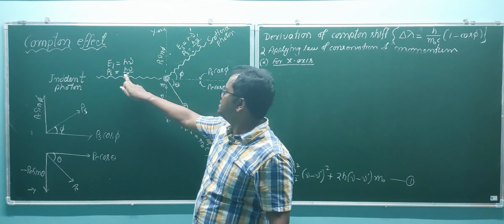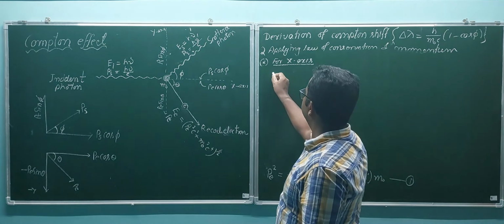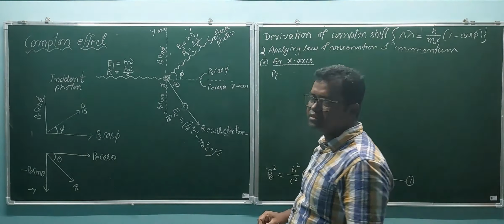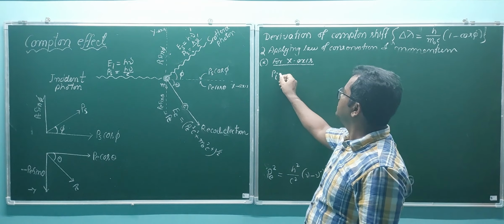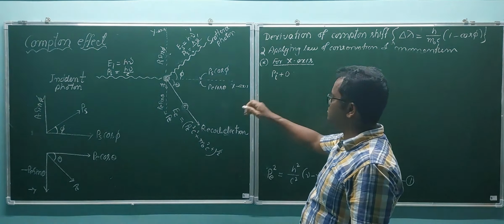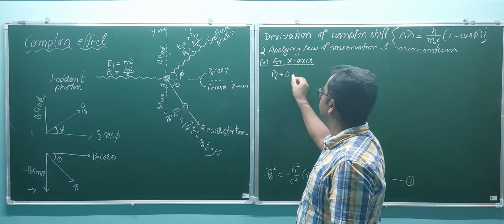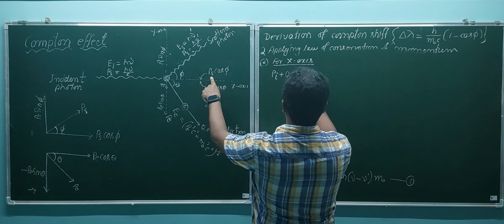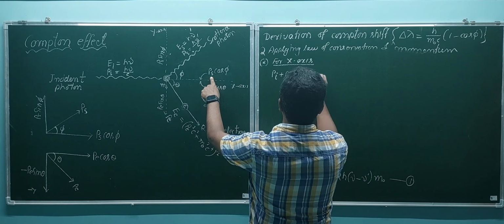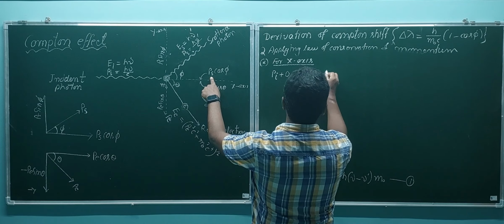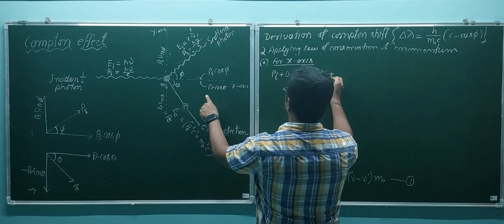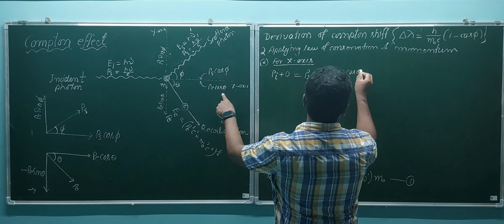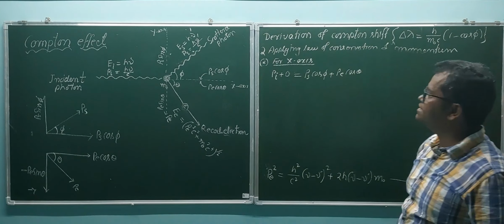Initial momentum is Pi due to the incident photon, plus 0 due to the electron, and the x direction momentum after is due to Ps cos phi plus Pe cos theta. This is the x direction.